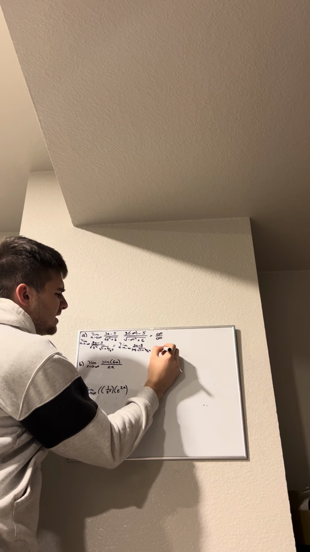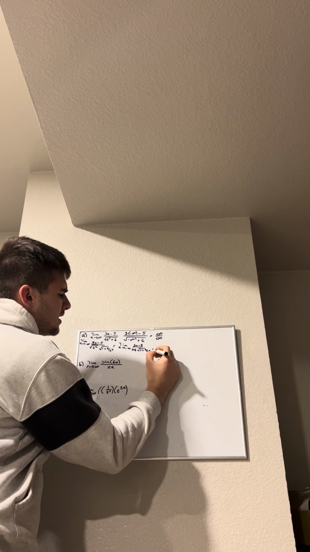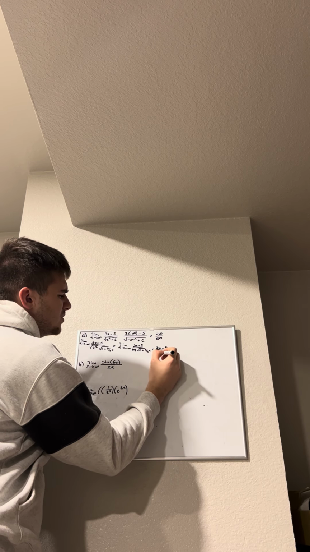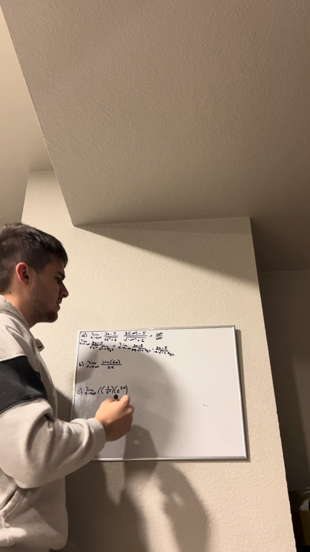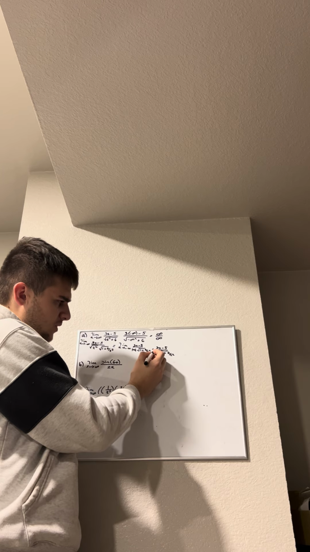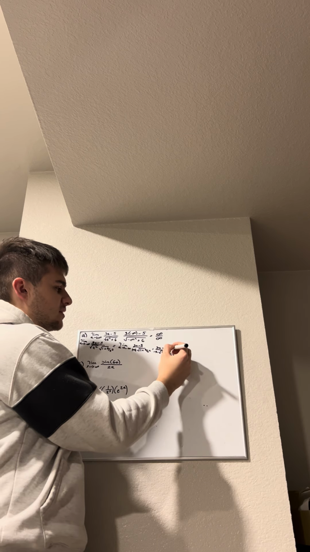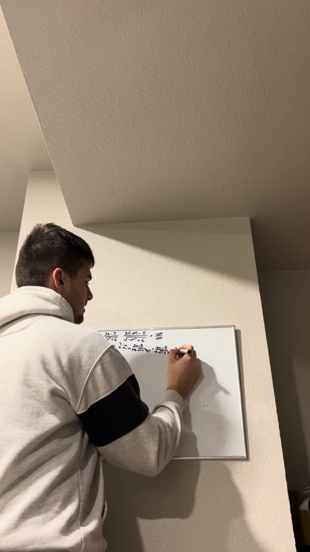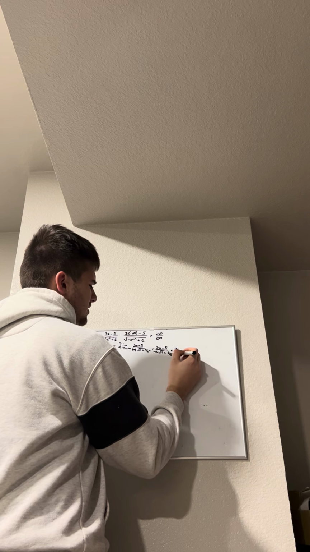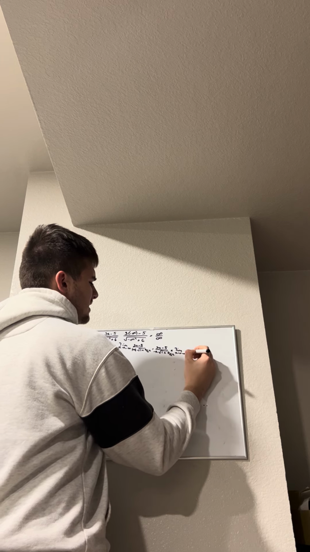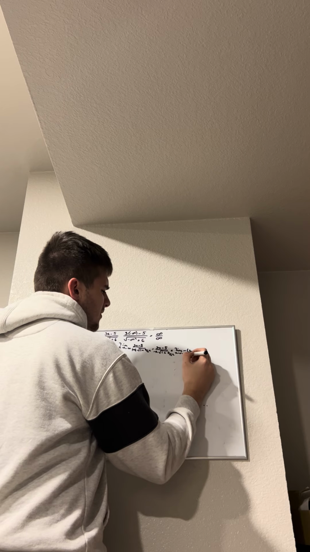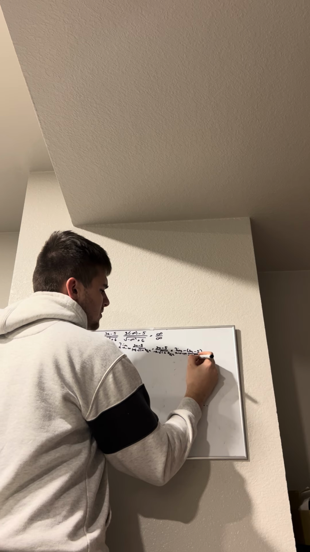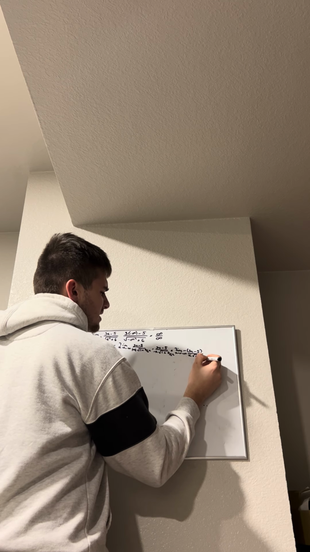So we have 3x minus 5 over negative x times the square root of 1 plus 6 over x squared. Now we can move this negative from the denominator into the numerator, so it'll be the limit of x approaching negative infinity of negative 3x minus 5 over x times the square root of 1 plus 6 over x squared.